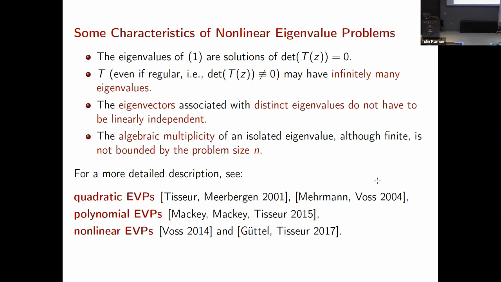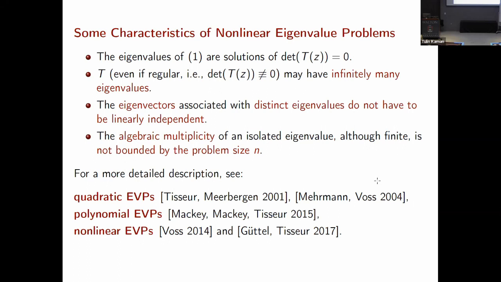As early as 2001 and then 2004, a lot was written about quadratic eigenvalue problems. Then in 2015, we have a very good review paper. All those are review papers with lots of resources on polynomial eigenvalue problems.